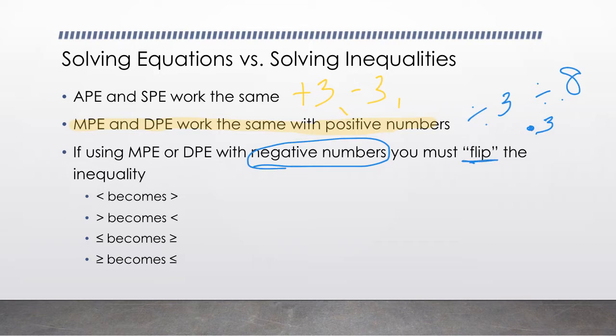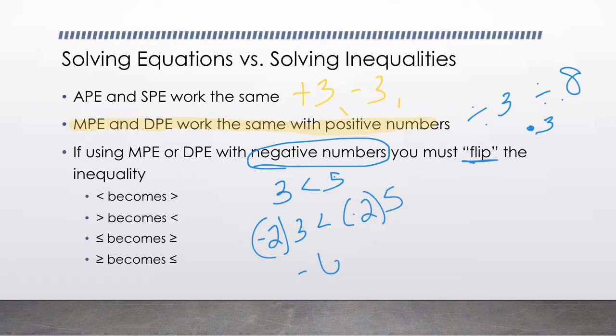Well, think about it. If I know 3 is less than 5, right? If I multiply both sides by -2, -2 times 3 and -2 times 5, well, -6 is not less than -10. That is not true.